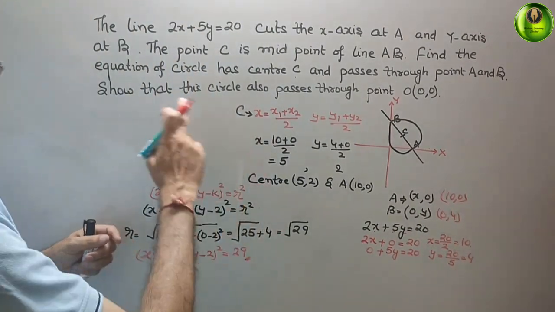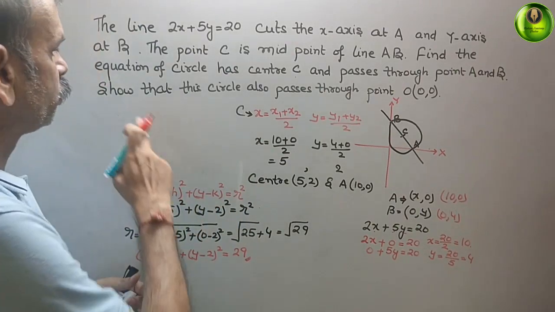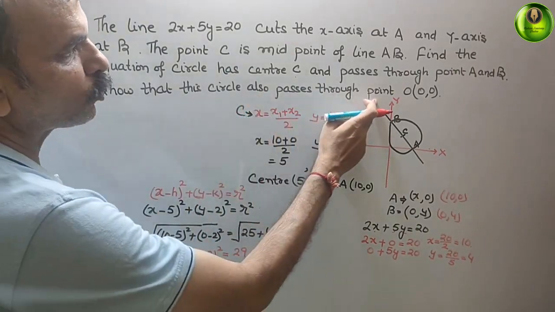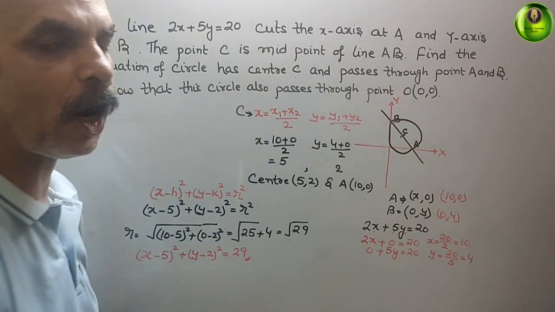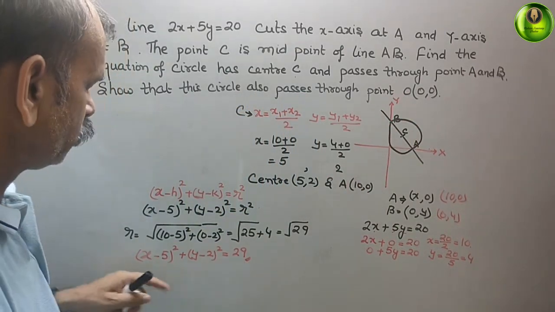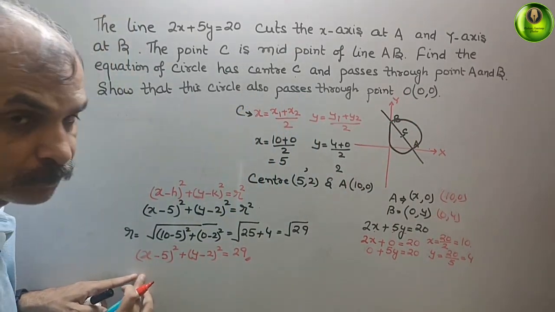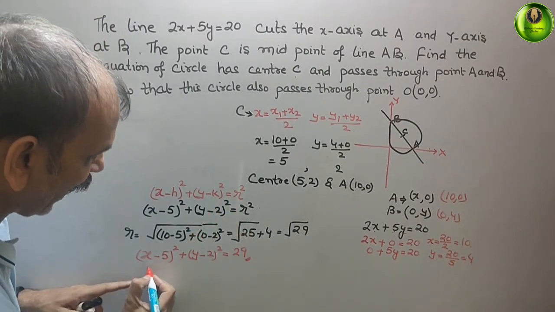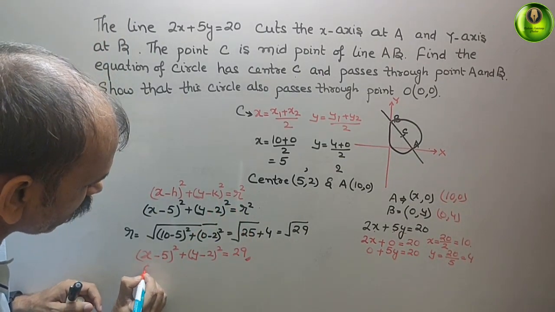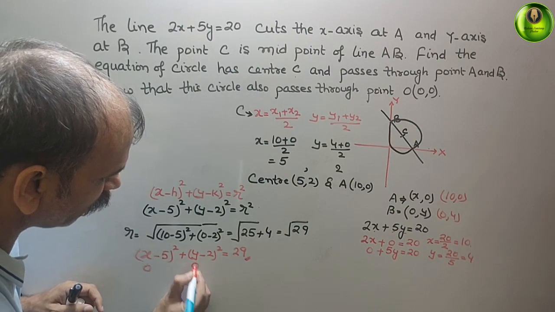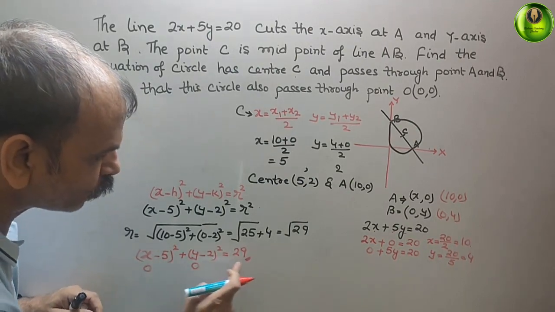Now, they have told to show that the circle also passes through the point (0, 0). How can we show that? If you see this equation, instead of x put the value 0 and in y put the value 0, the LHS should equal the RHS.